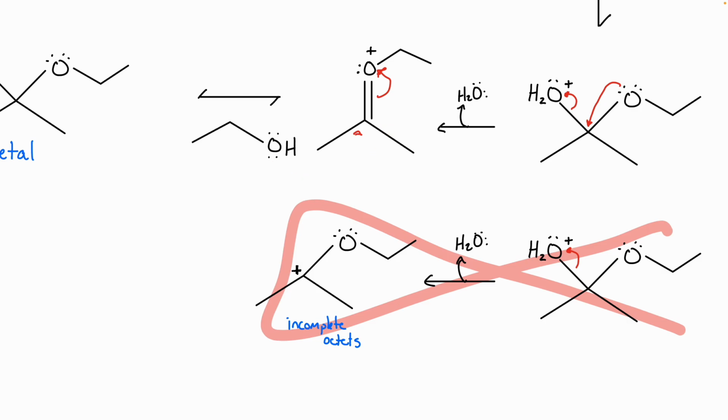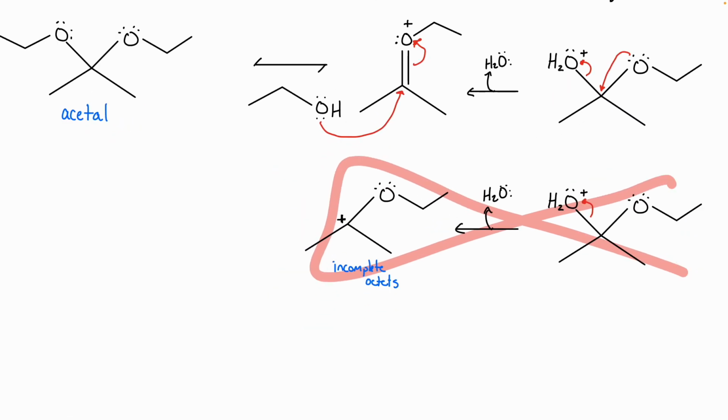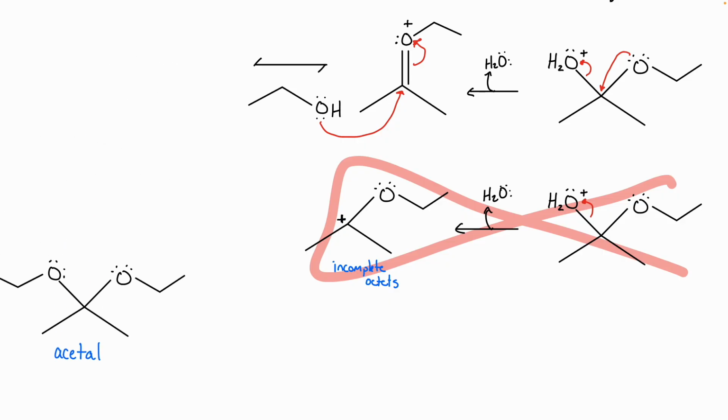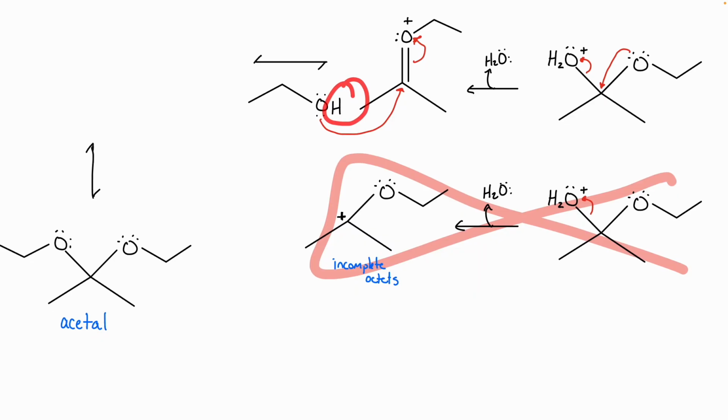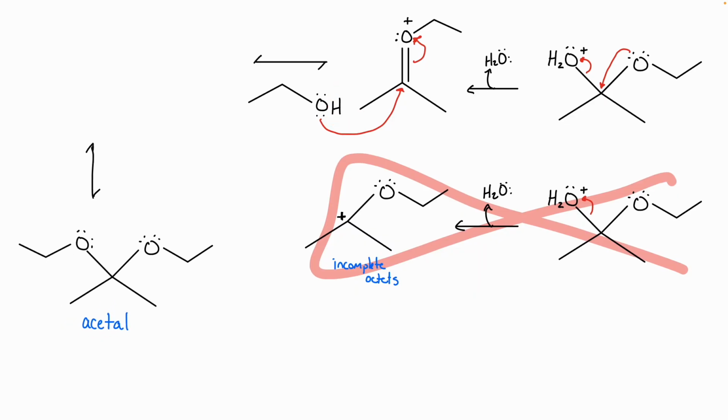Try to squeeze this in as best as possible. All right, we're not quite there. We have one more proton transfer step, but I believe in y'all, you can do that. All right, so we got one more intermediate here that has this extra hydrogen that we would remove in order to form our acetal here.